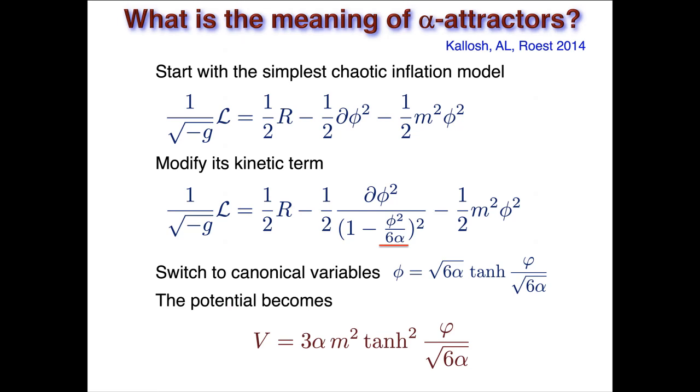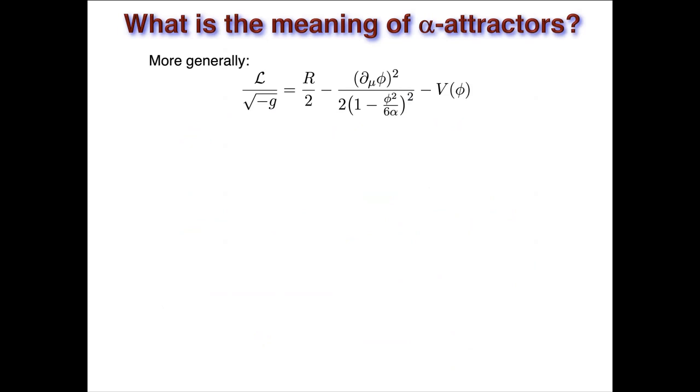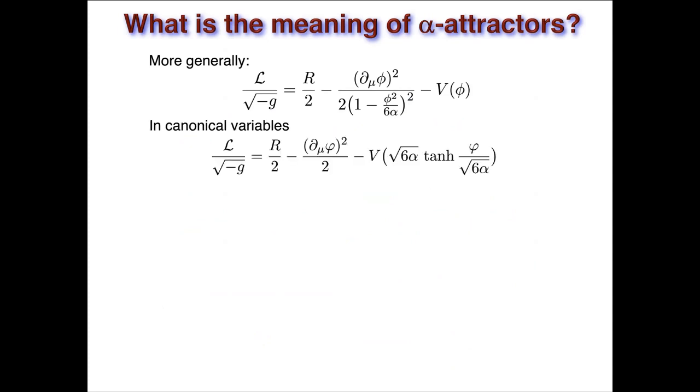And interestingly, in this class of theories, you may start with the theory m squared phi squared, or with whatever potential V of phi, do this transformation, and this potential becomes a function of hyperbolic tangent, and the kinetic term becomes canonical. At large values of the field phi, the hyperbolic tangent becomes equal to 1.